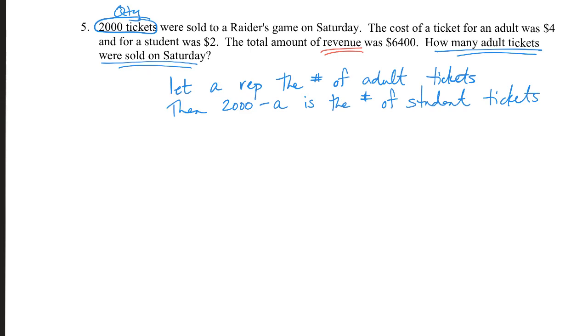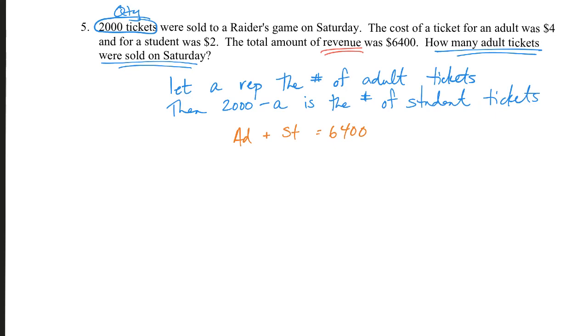Okay, I just used up my quantity information. Now what I need to use is my value information. So I was told that the total revenue, so in my mind, I'm saying if I take my number of adult tickets, add that to my number of student tickets, then it has to equal 6,400.